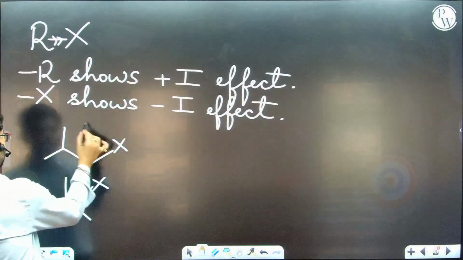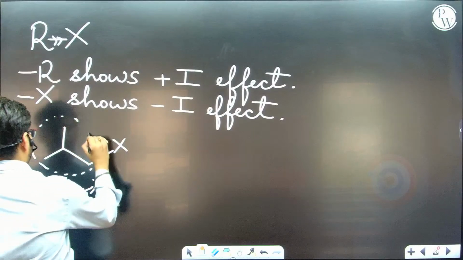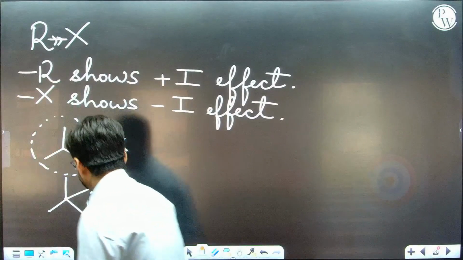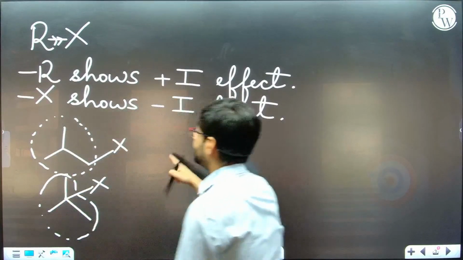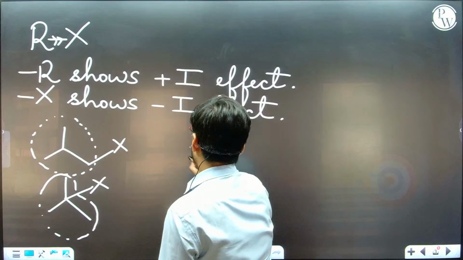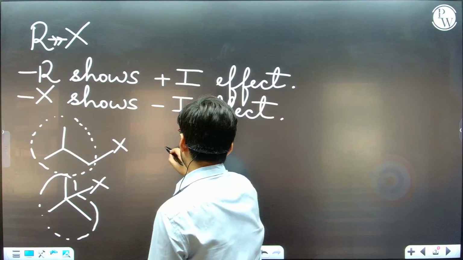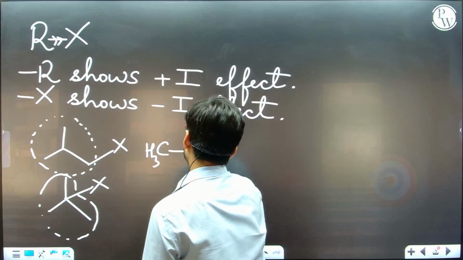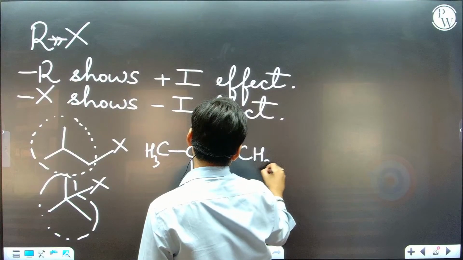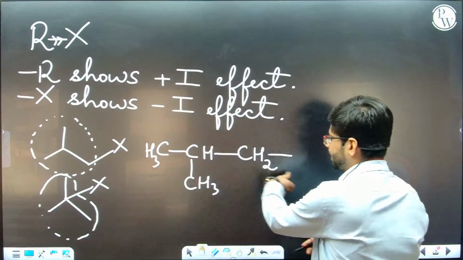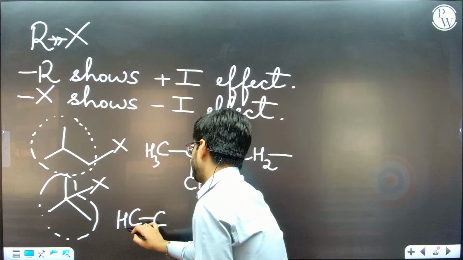Now, in this compound, this group, that is R, is showing plus I effect, whereas in this one, this is R, so this is showing plus I effect. So I can say that here CH3 twice, CH2. So here this is showing plus I effect, and whereas here this is showing plus I effect.